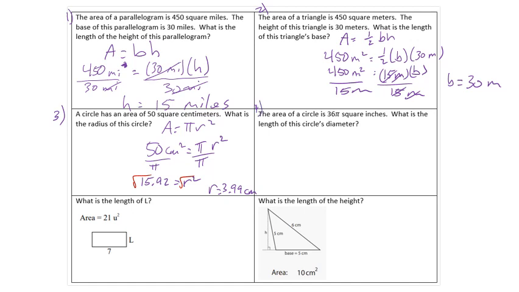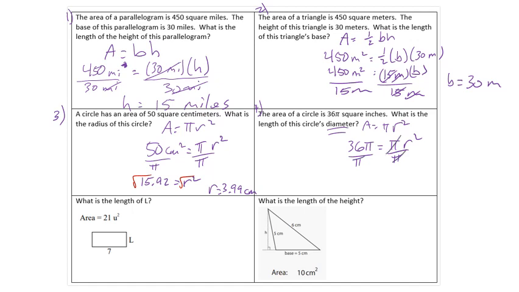Number 4, the area of a circle is 36 pi square inches. What's the length of its circle's diameter? Diameter now, not radius. So, area of a circle: A is equal to pi times r squared. We know area is 36 pi. That's equal to pi times r squared. Divide both sides by pi.